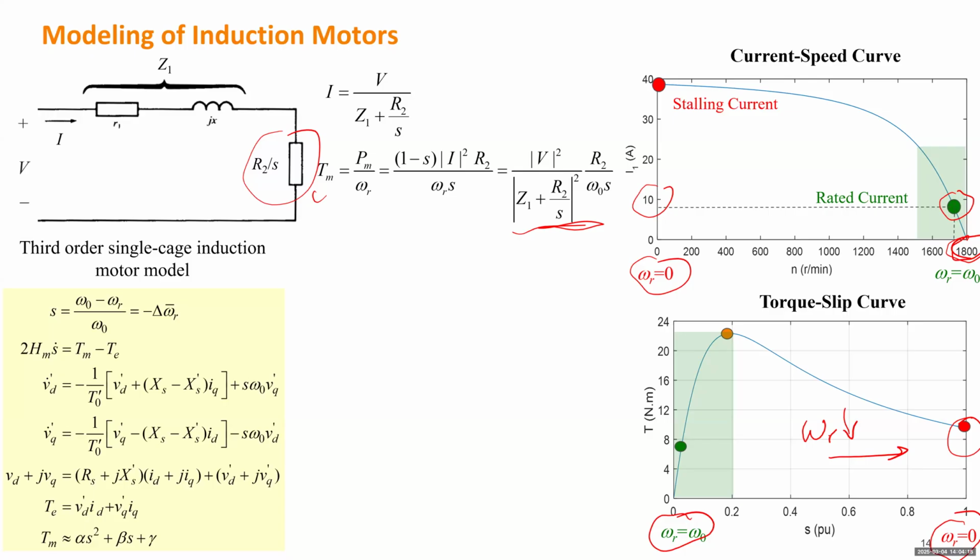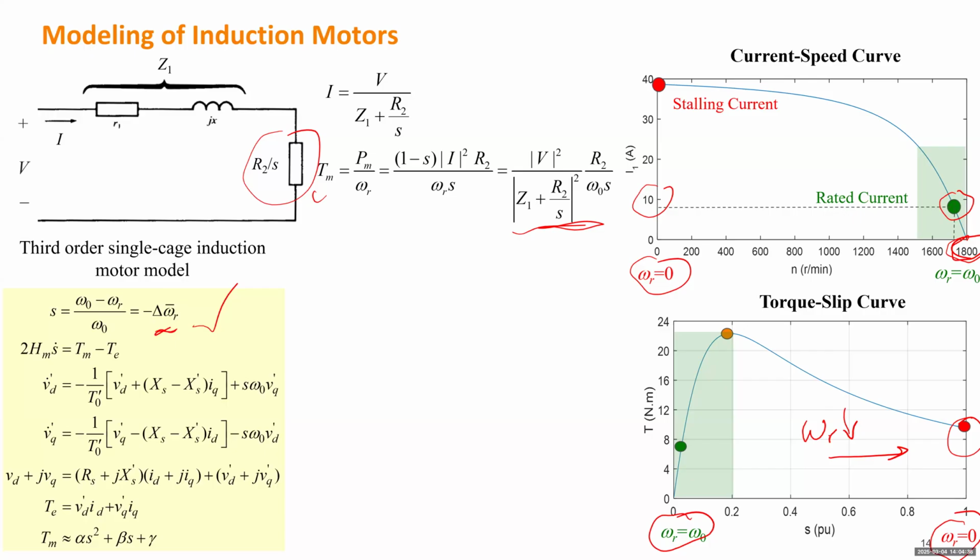The first equation is just the definition of the slip, okay, which is basically just the negative per unit speed deviation. For the generator, usually we consider speed to be higher than synchronous frequency, right? So we usually define speed deviation to be omega r minus omega 0.